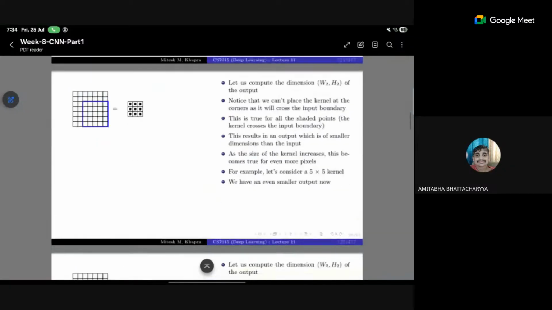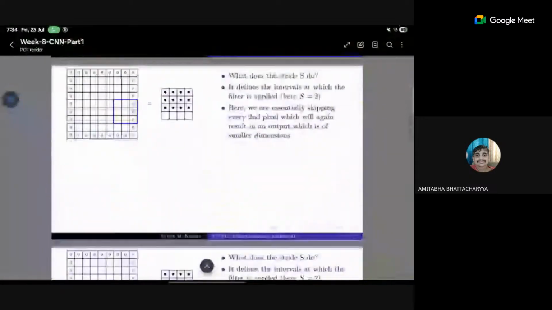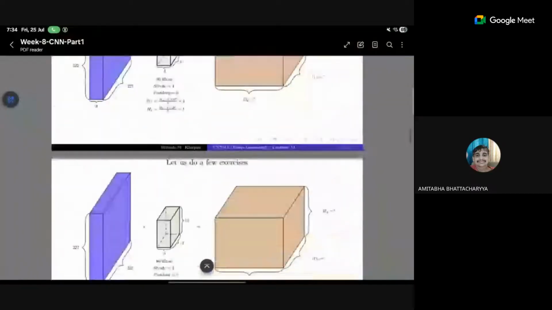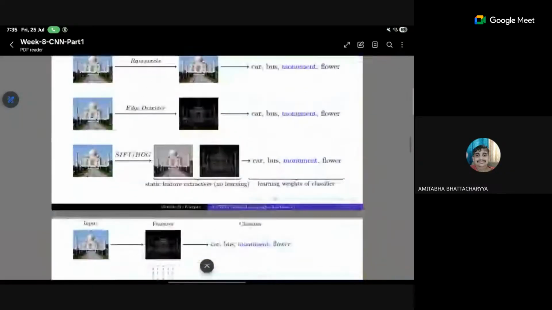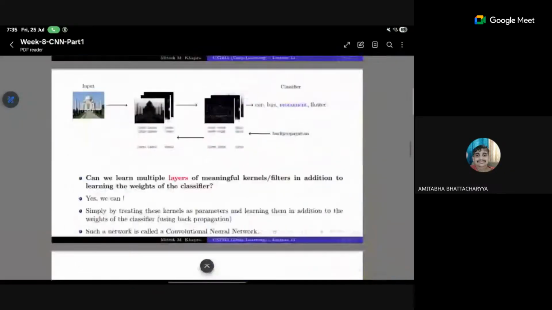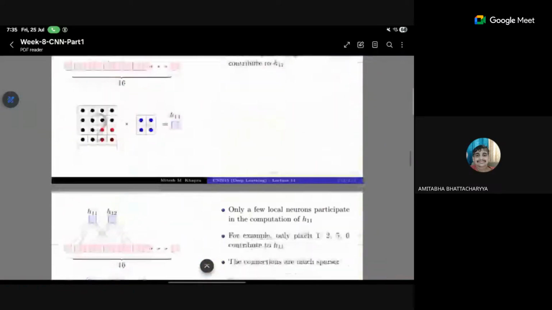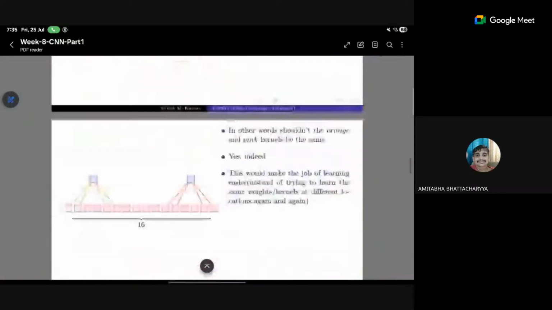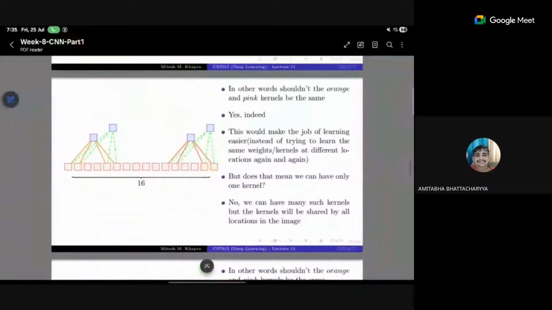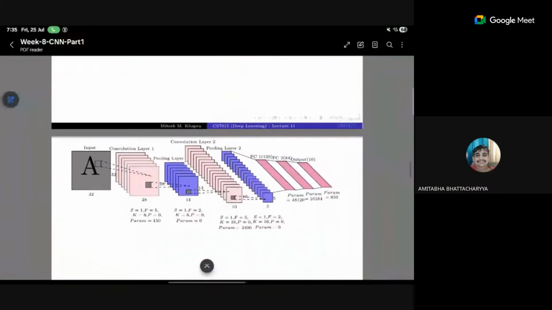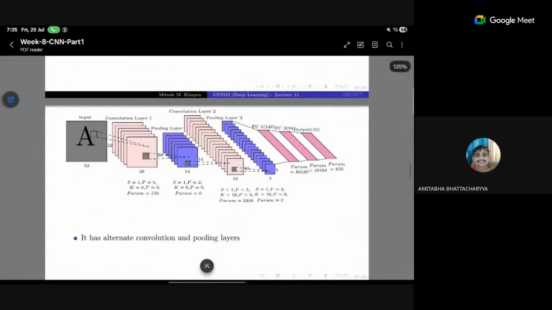If you see the architectures, this all we have covered. Now, let's say I have this.